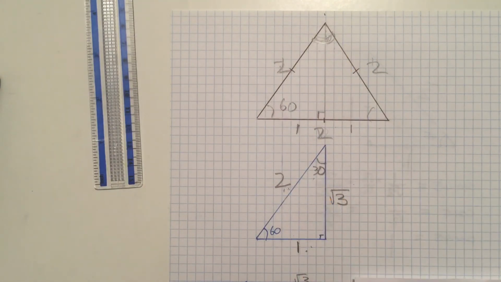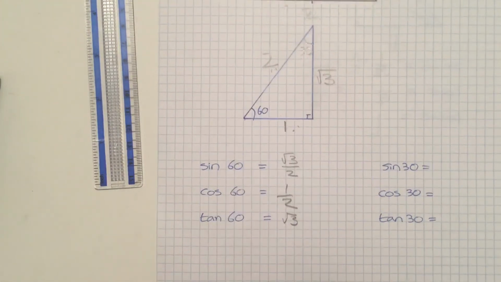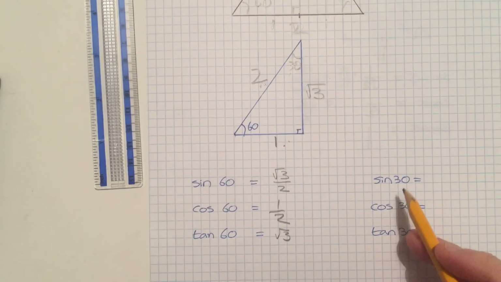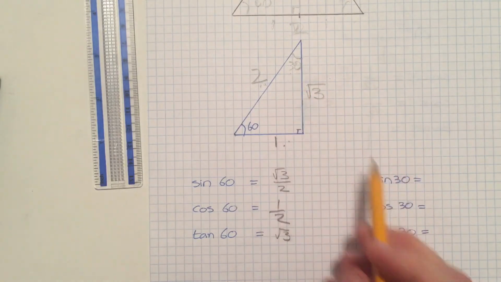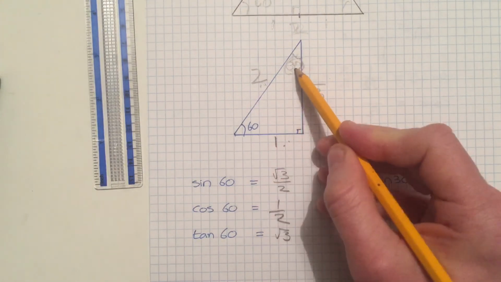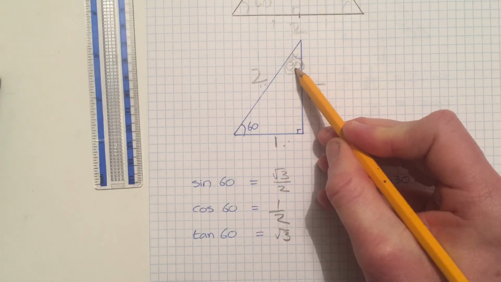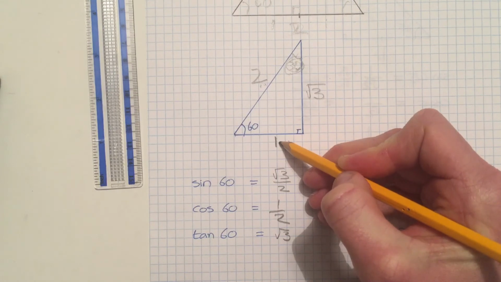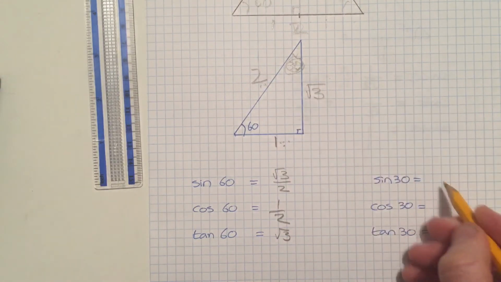So that's 30 here. That allows me to now work out the trigonometric ratios for 30 degrees. If I'm talking about the angle 30 here, the opposite side to that is 1. So sine 30 is 1 over 2.